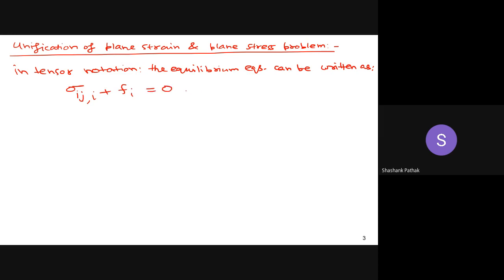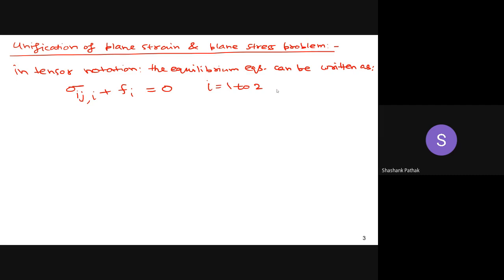You remember? For rectangular coordinates we have written sigma ij comma i plus fj equal to 0. So comma i denotes what? Partial derivative with respect to i, correct? Here, because we are dealing with plane strain and plane stress problems, i goes from 1 to 2. We will not consider 3 here because we are considering only the plane elasticity problem.